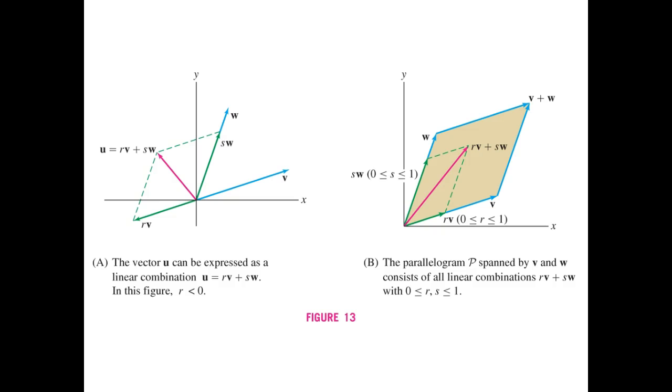And if you're talking about this U over here, a linear combination of RV and SW, that's a linear combination of the two vectors, V and W, then that's going to be somewhere over here, okay?